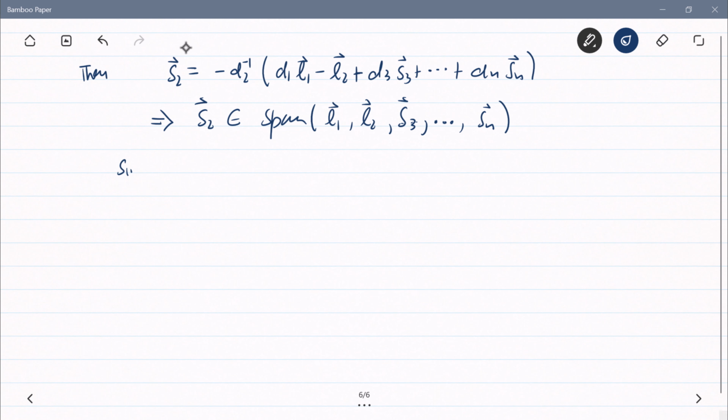And since we know something about the previous statement, that the span of L sub 1, S sub 2, dot dot dot S sub n spans the vector space, and the only difference between this and this is S sub 2, and it contains S sub 2, this simply spans the original vector space that we're working with by fact 2, obviously.